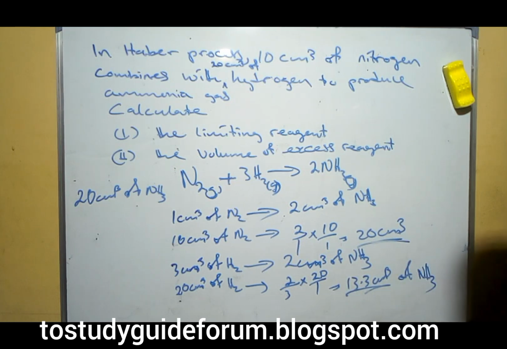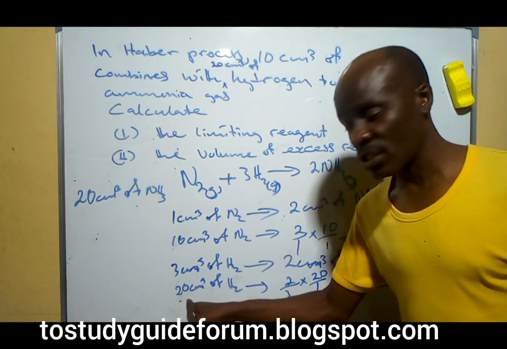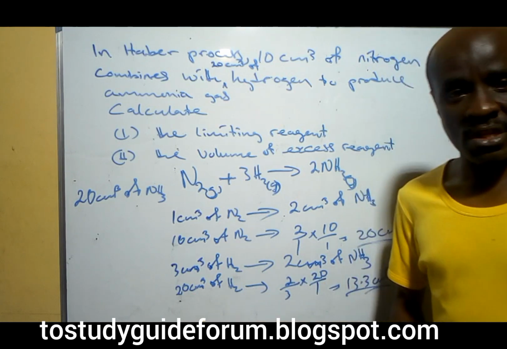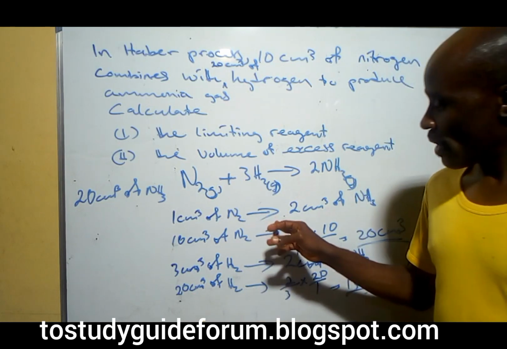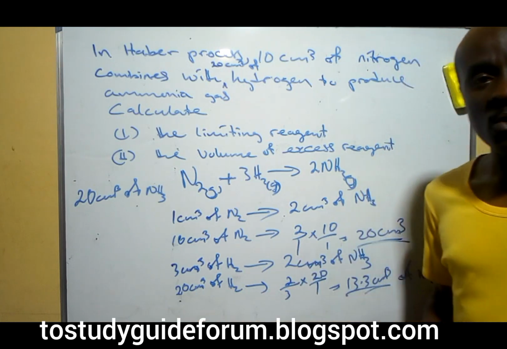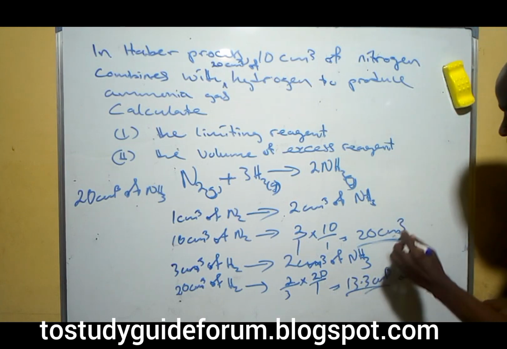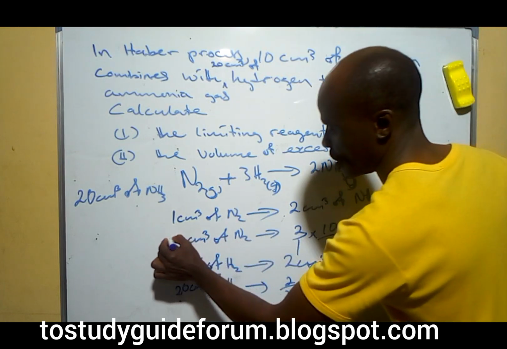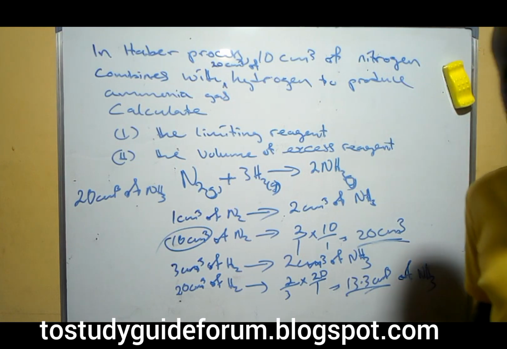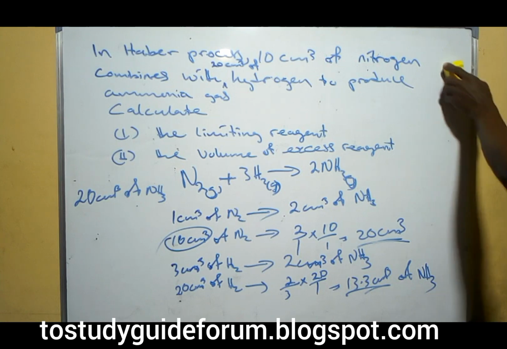To get this, you need to find out the volume of nitrogen that can react with the volume of the limiting reagent. That will help us know the remaining volume of the 10 cm³ of nitrogen that will not react.